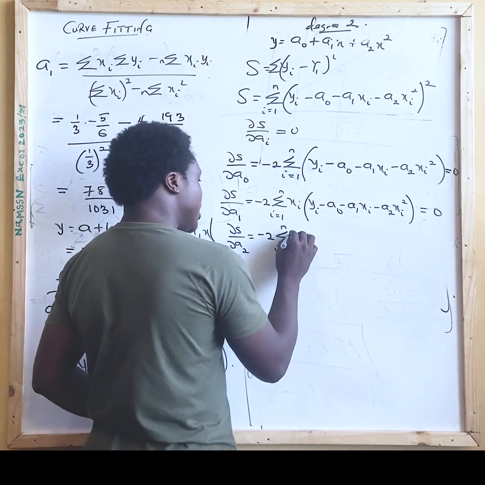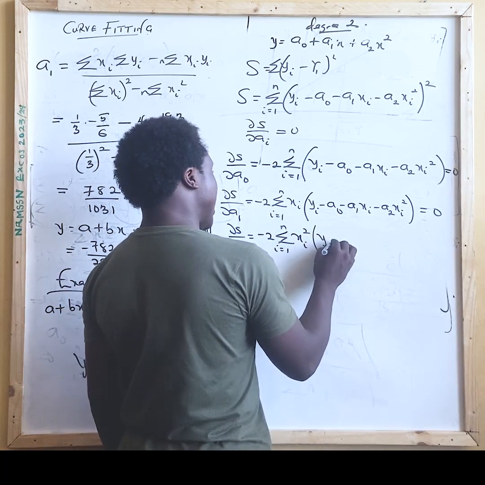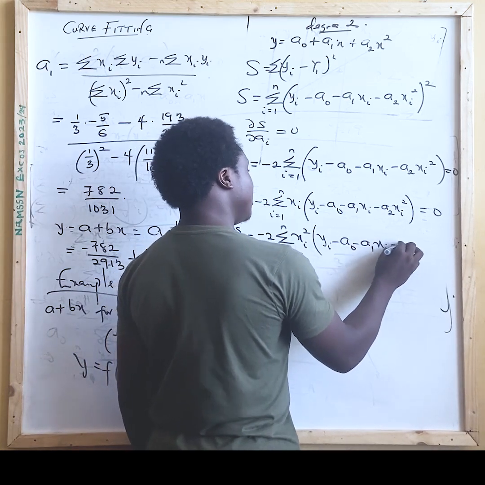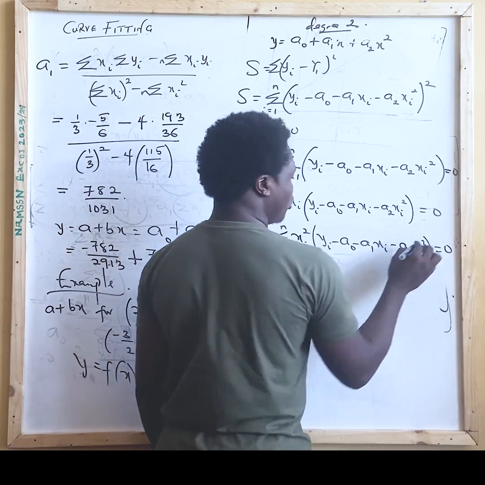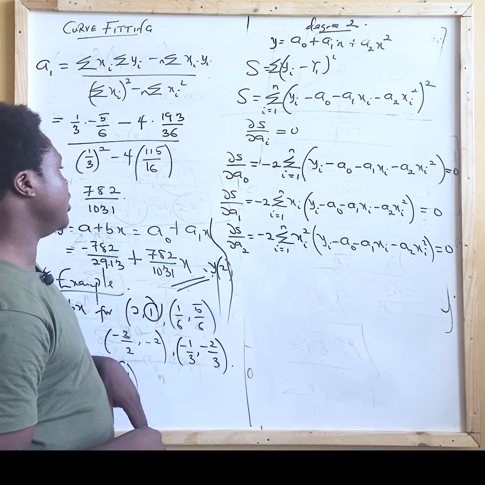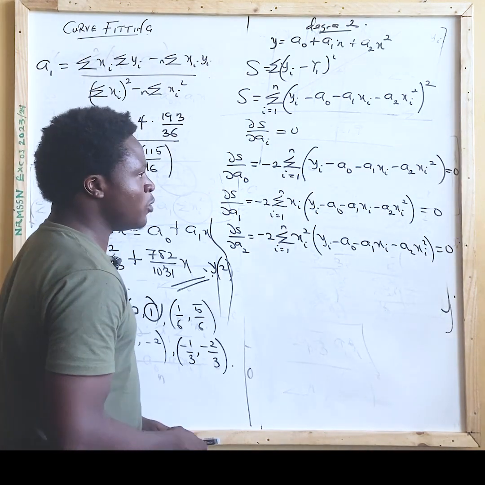So I have xi squared times (yi minus a0 minus a1 xi minus a2 xi squared), and it will be equal to 0. So let's take away all these minus 2's and then expand the summations for everything. Let's see what we have.